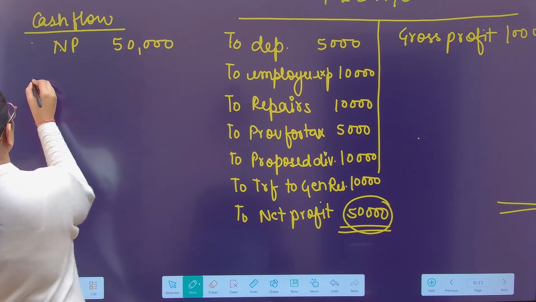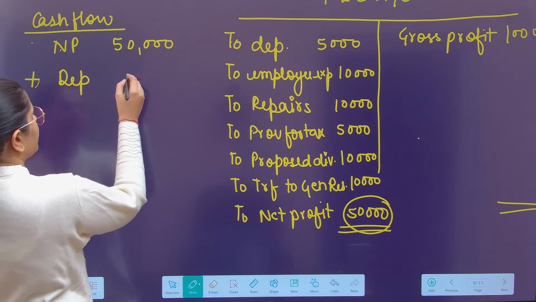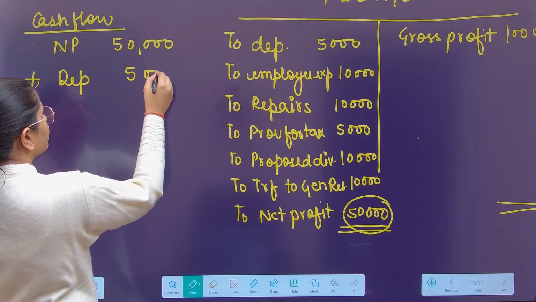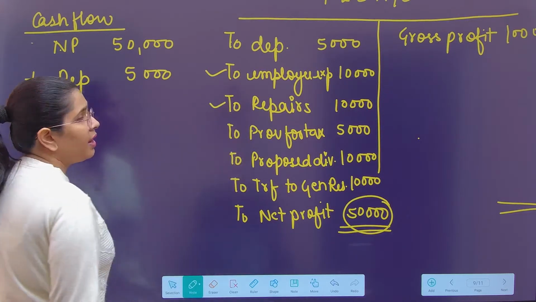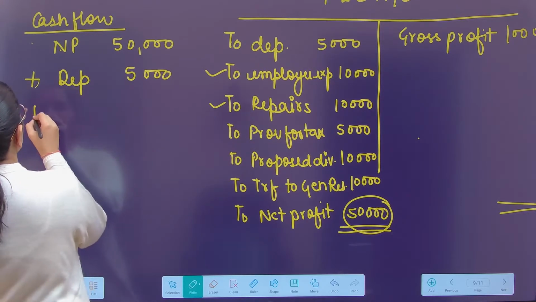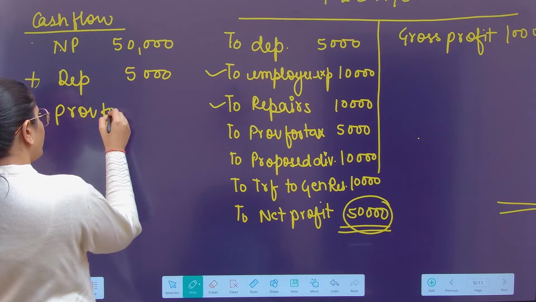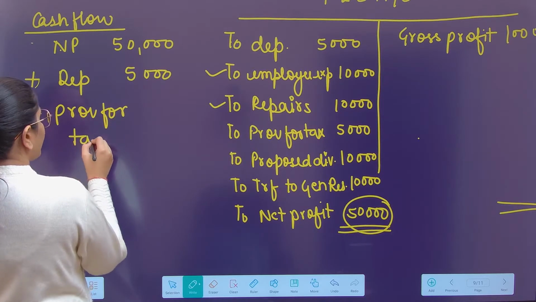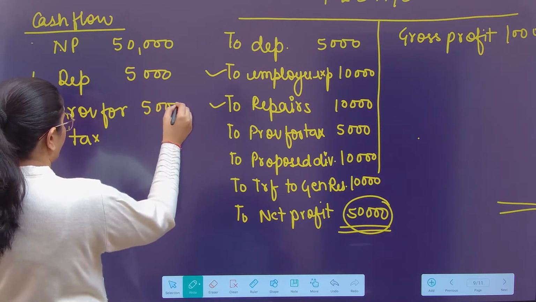Now, depreciation is a non-cash item, so please add it back. I added it back. Employee expense and repairs are my operating expenses, so let them remain. Provision for taxation: you have not actually incurred any amount, you have just made a provision, so please add back 5,000.